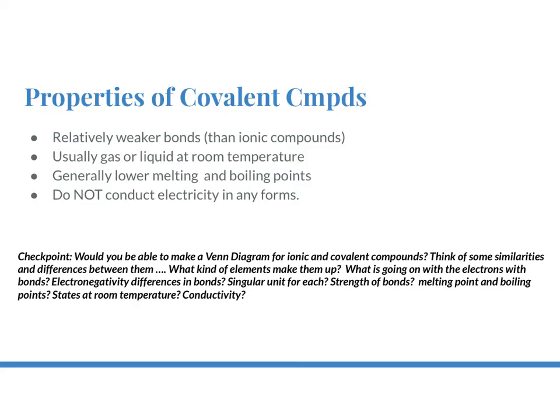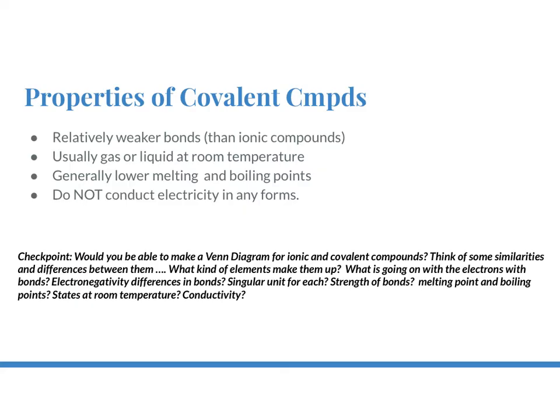So at this point, we talked about ionic bonds and covalent bonds, ionic compounds and covalent compounds. So as a checkpoint, for your assignment, you are going to be making a Venn diagram for ionic and covalent compounds. So I want you to think about some similarities and differences between them. Like what kinds of elements make them up, what's going on with the electrons in each of the bonds, the electronegativity differences in the bonds, the singular units for each.